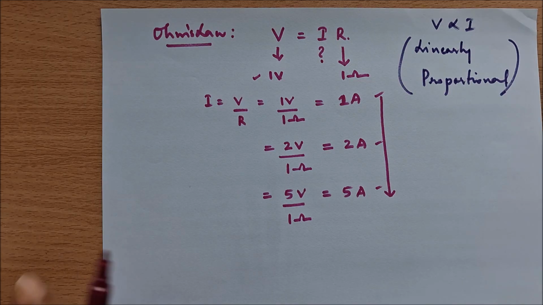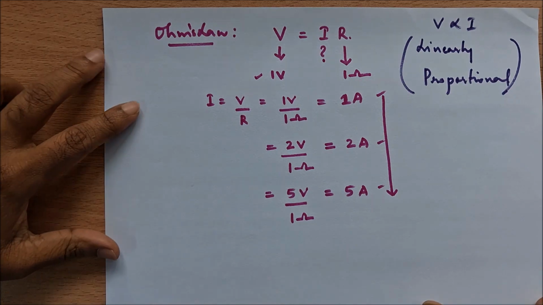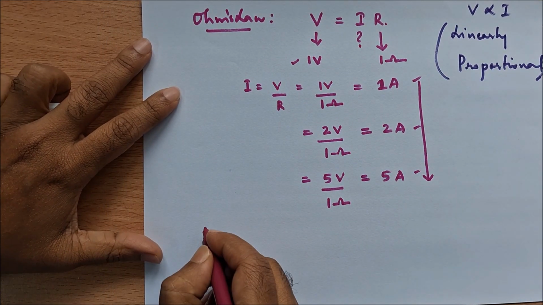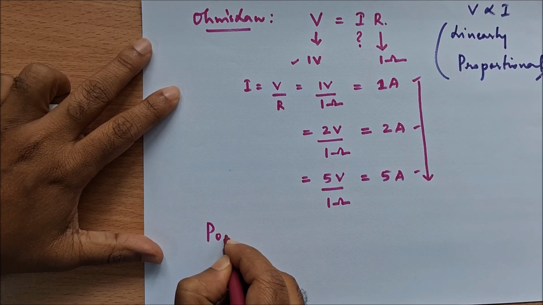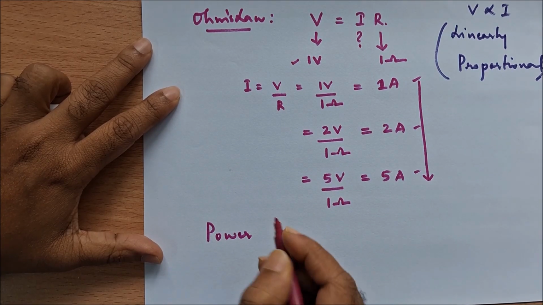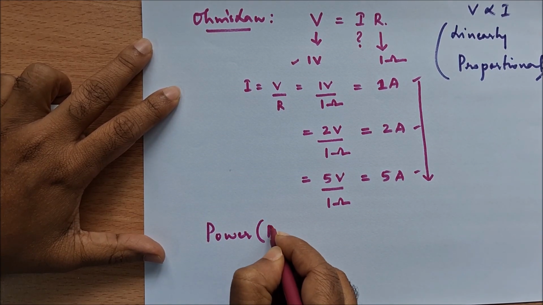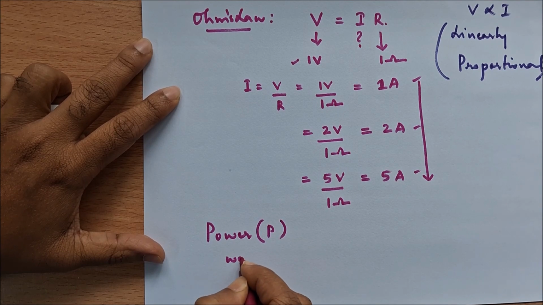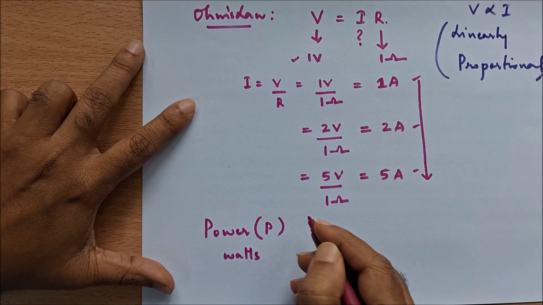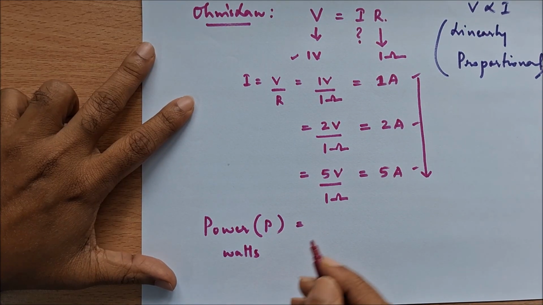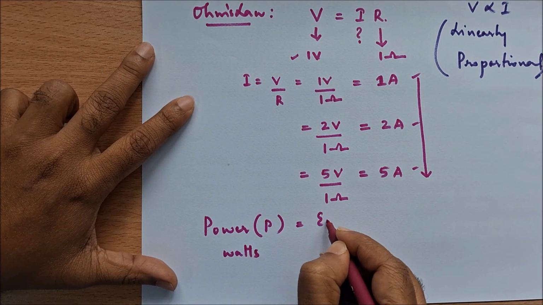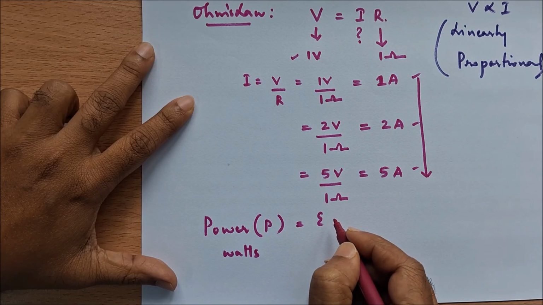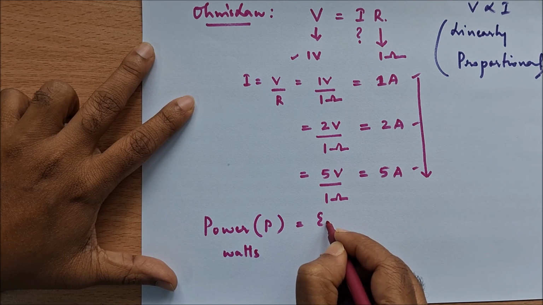Okay, so we have one more term which is called the power. Usually the power is expressed in watts. Well, the definition says that it is nothing but the energy consumed, or the rate at which the energy is being consumed in a particular circuit.